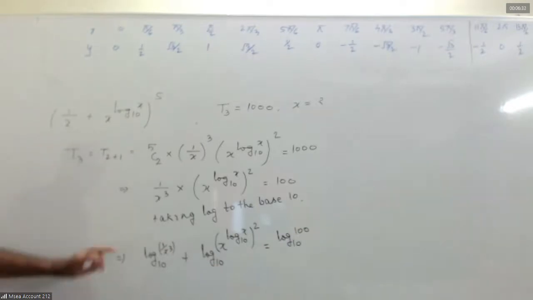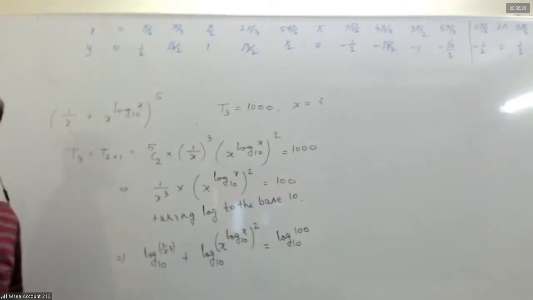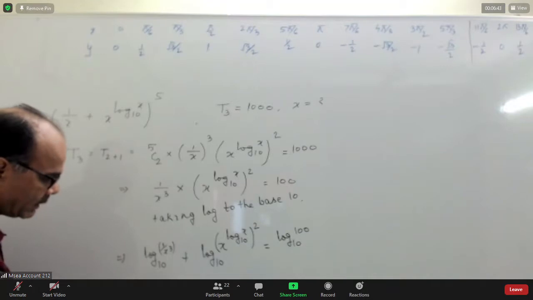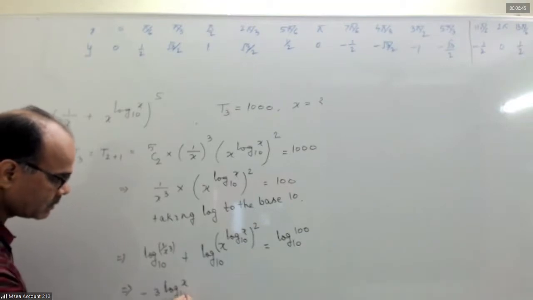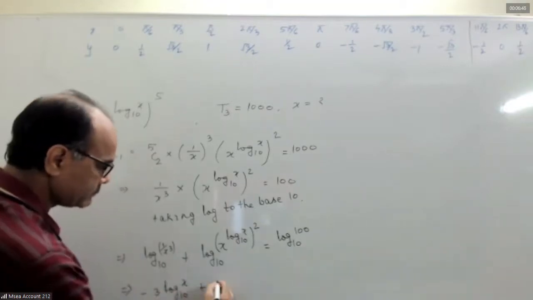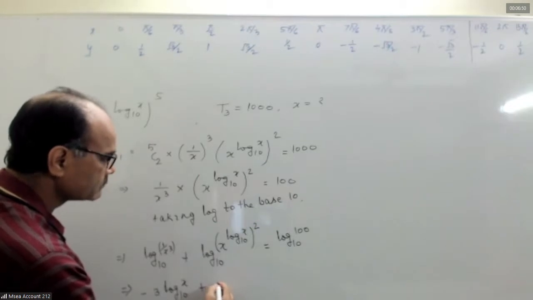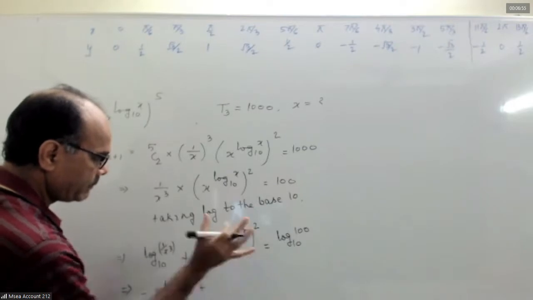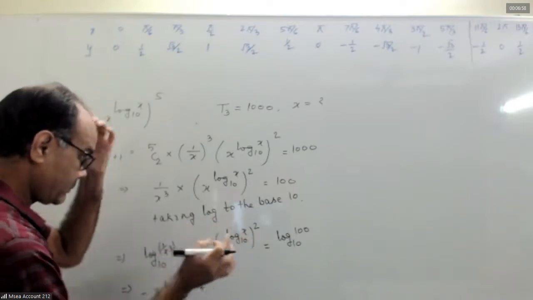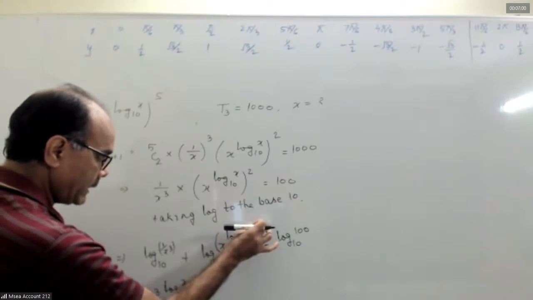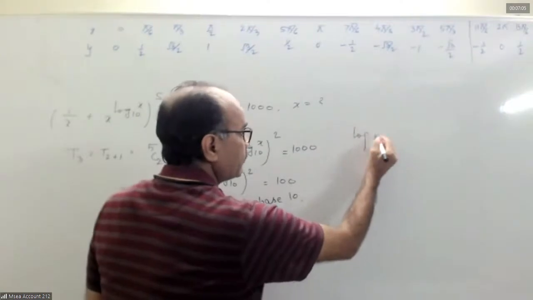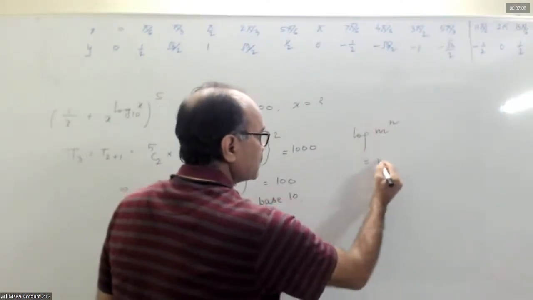Now log m by n is log m minus log n. So this can be written as minus 3 log x base 10 plus, this is m to the power n, log, you know this thing, log m to the power n irrespective of the base.